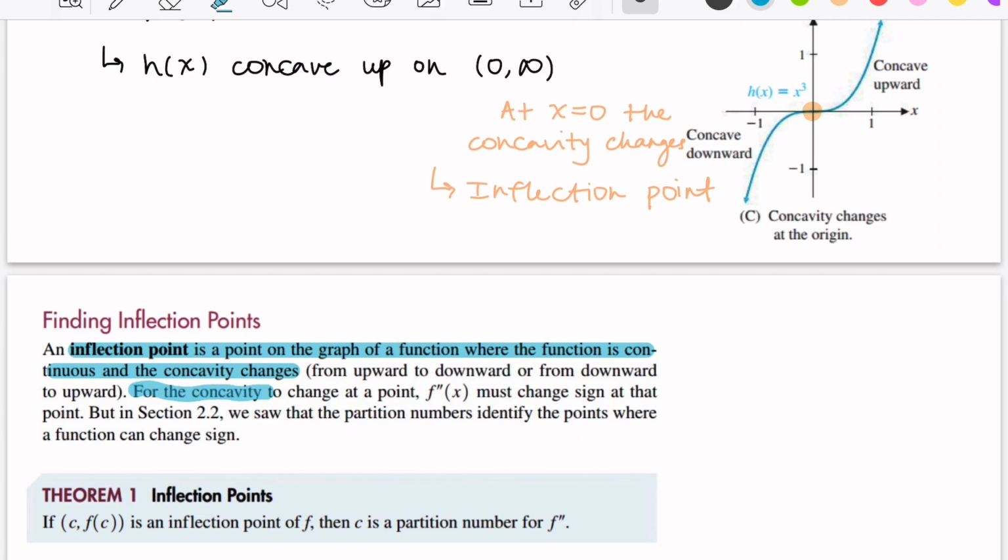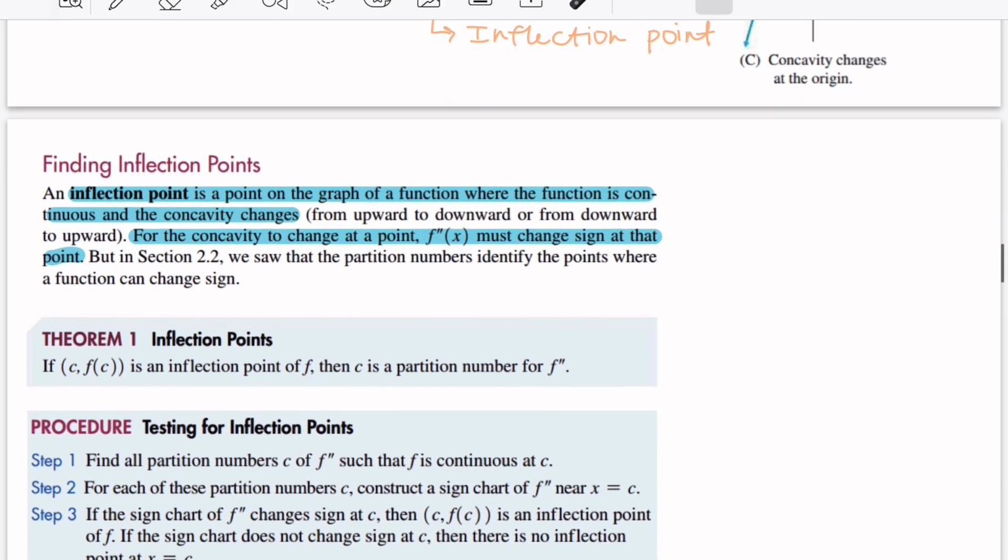For the concavity to change at a point, the second derivative must change sign at that point. Something to recall here, we saw in section 2.2 that the partition numbers will identify the points where a function can change sign. So if this point here is an inflection point of f, then c is going to be a partition number for the second derivative of f.